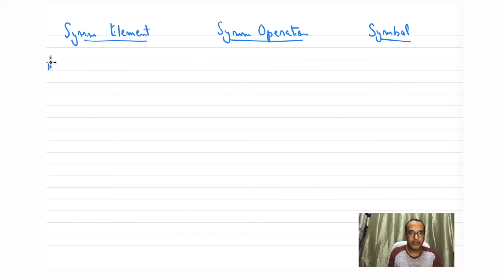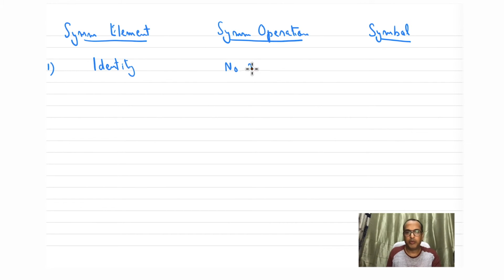Okay, so the first one is called identity. I will discuss this in more detail again, but let me first list it down. So the first symmetry element is called identity. The corresponding symmetry operation is no movement.